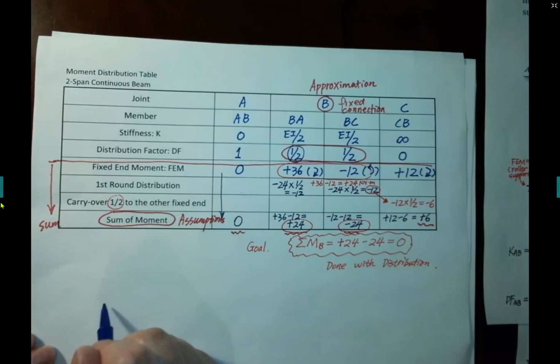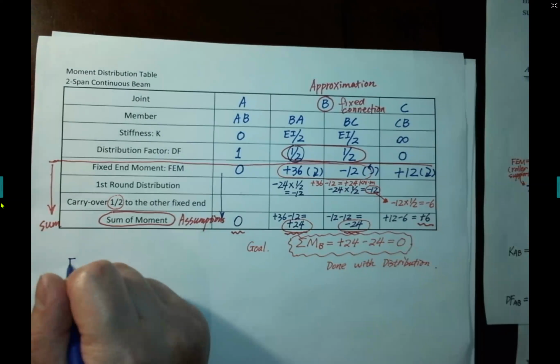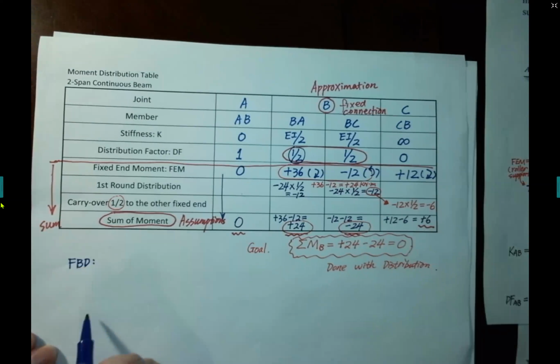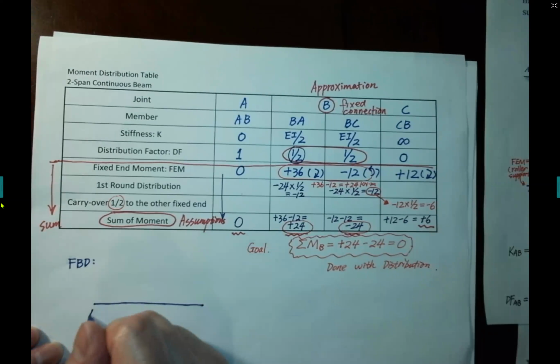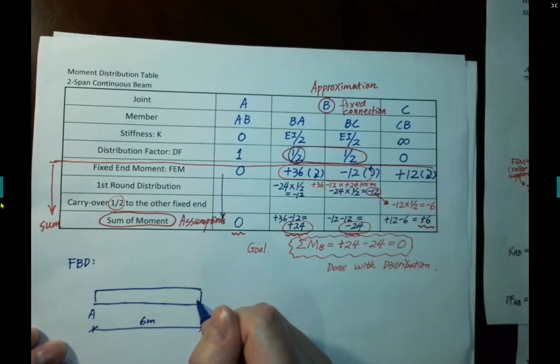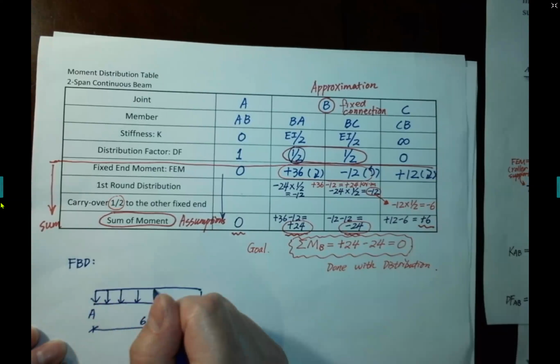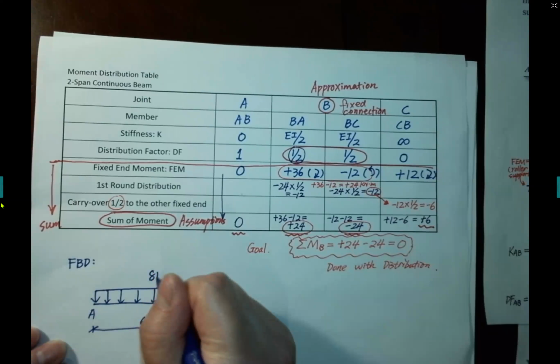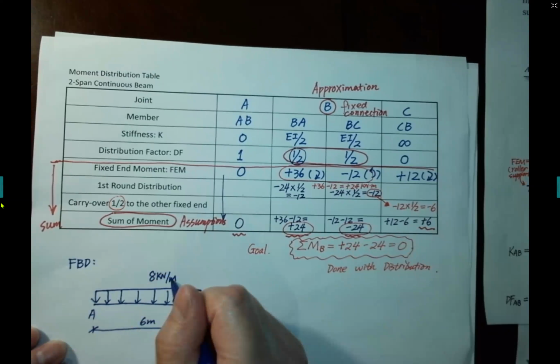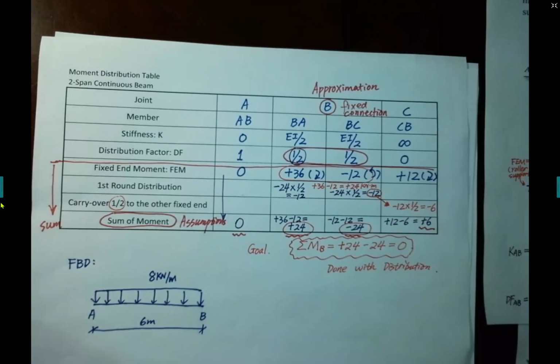For member AB, the length is 6 meters, subject to a uniform load of 8 kilonewton per meter. Then I just put in the known values.